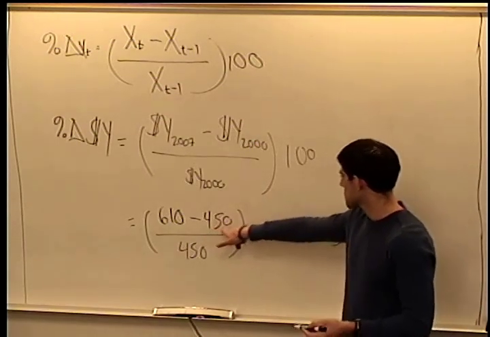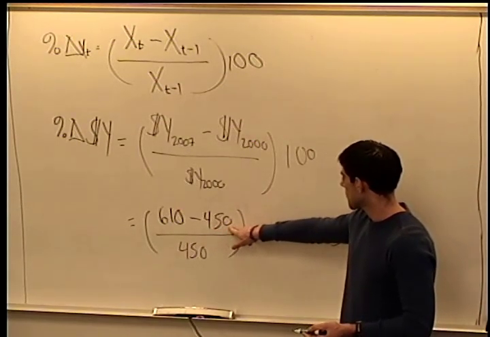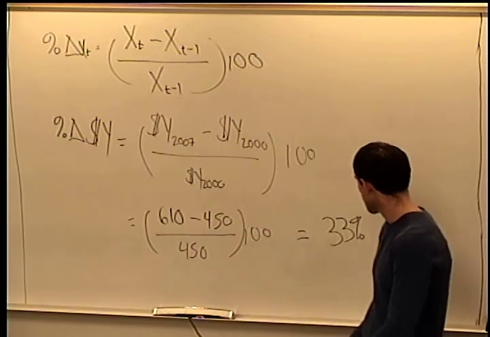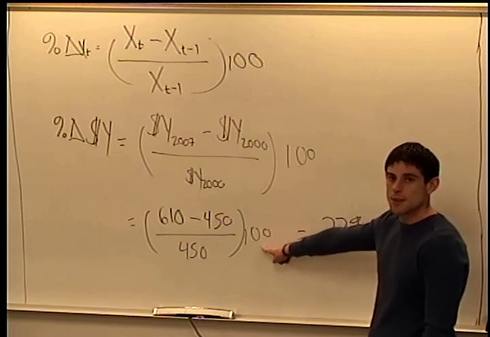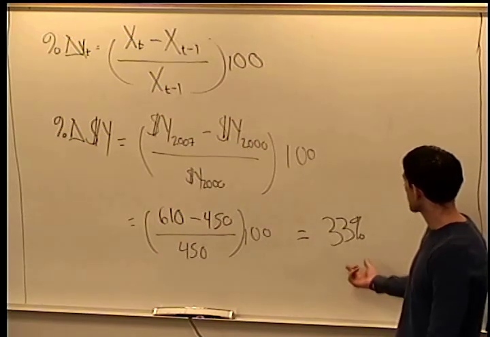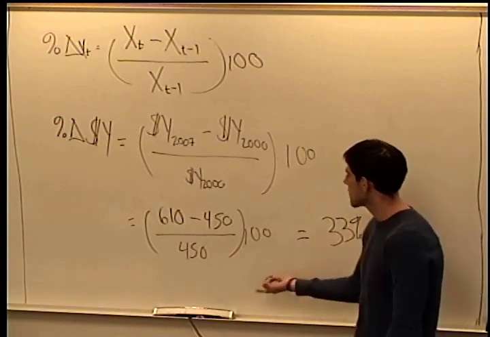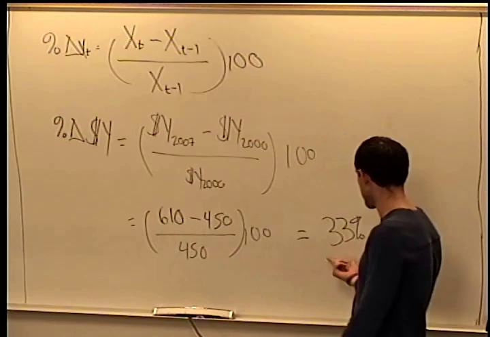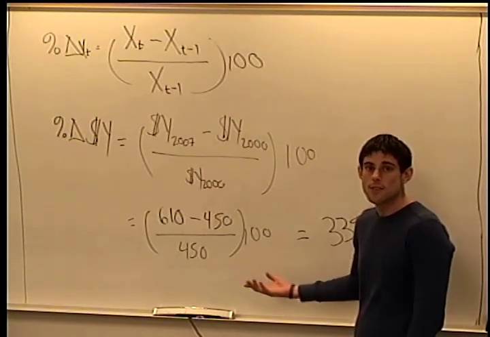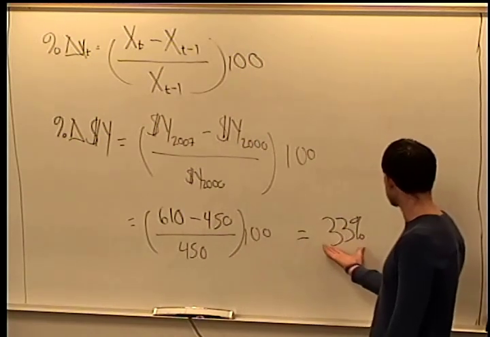So 610 minus 450 is 160, divided by 450 is 0.33. 0.33 times 100 is 33, and so that's a percent. So nominal GDP between 2000 and 2007 grew by 33%. So over those 7 years, nominal GDP increased by 33%.